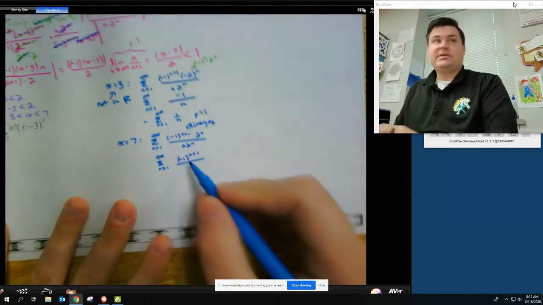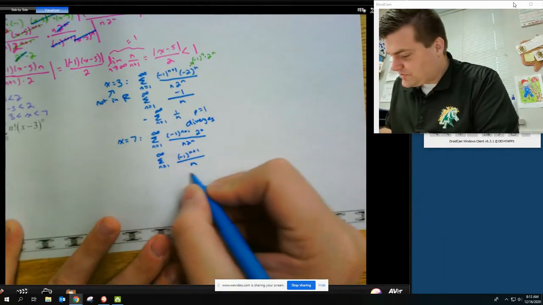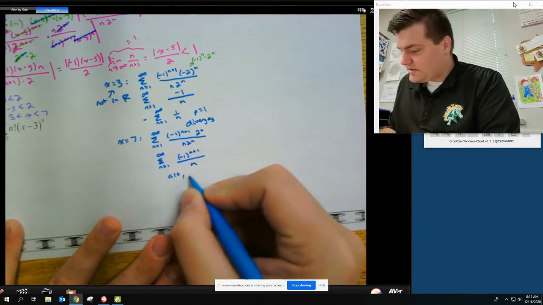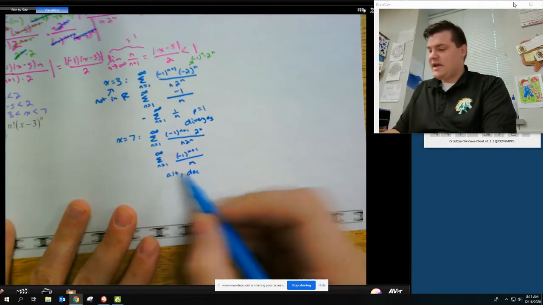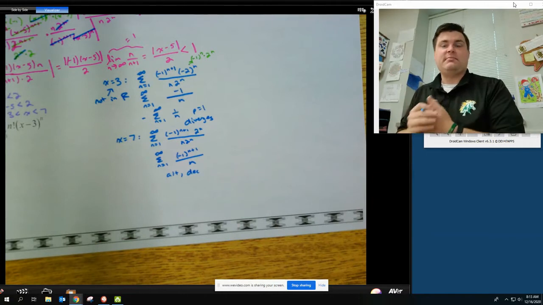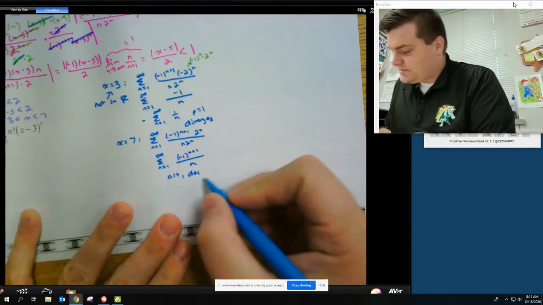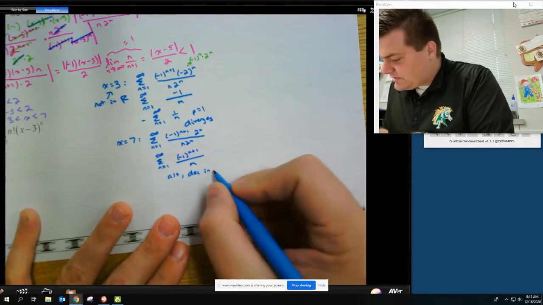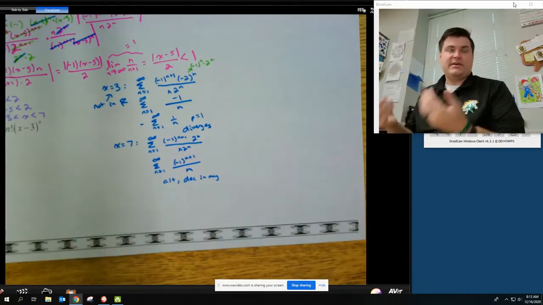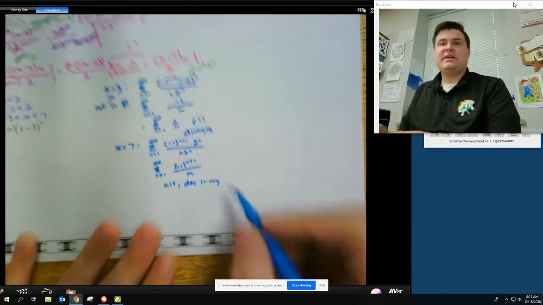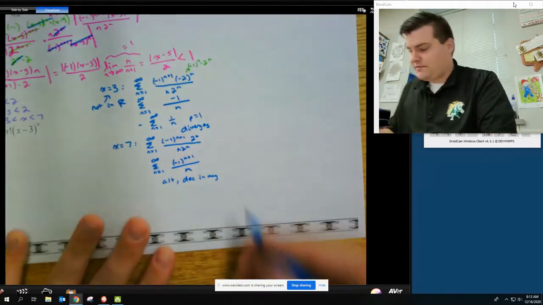Okay, this is alternating. So since this is alternating, this is also decreasing in magnitude. If I keep adding the n numbers, the bottom's going to keep getting larger and larger and larger. All right, so it's decreasing in magnitude. Because the denominator gets larger, the entire thing gets smaller and smaller. Magnitude just means absolute value, so I'm not caring about the negative 1 there.